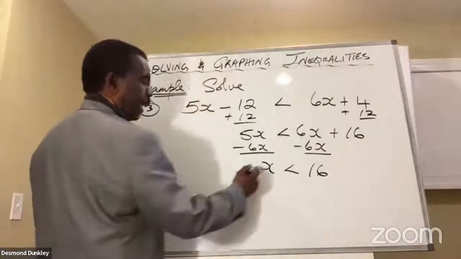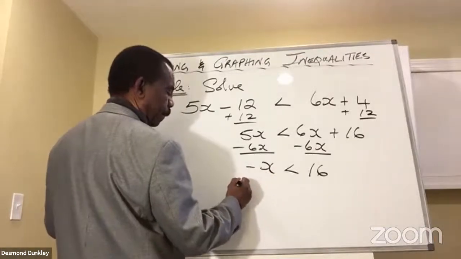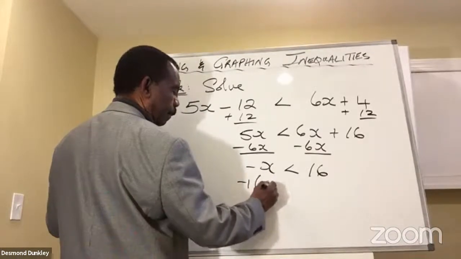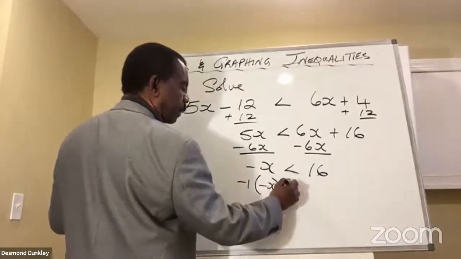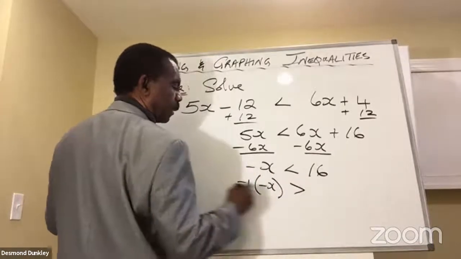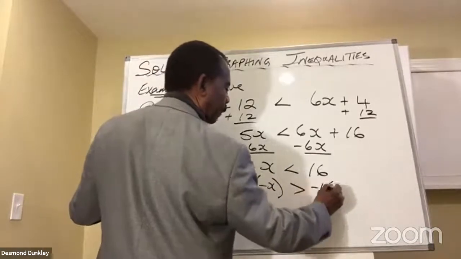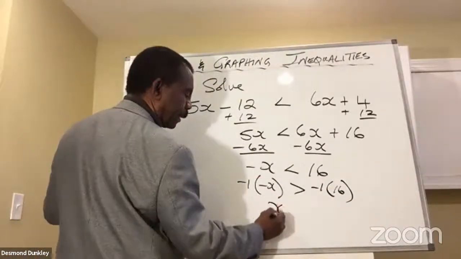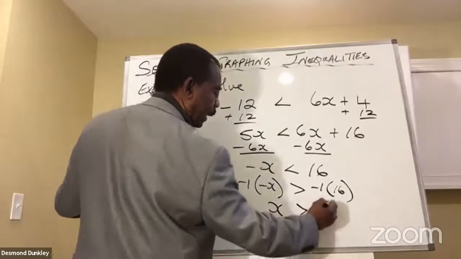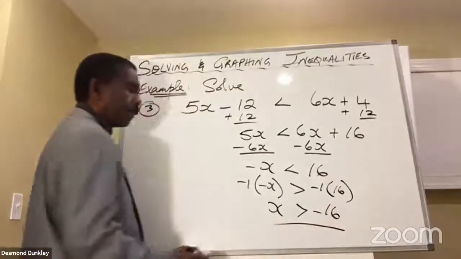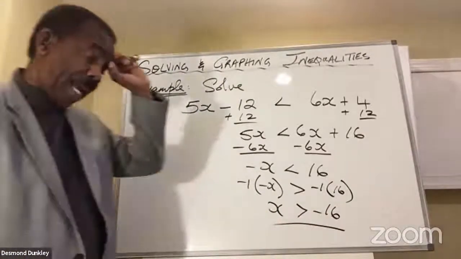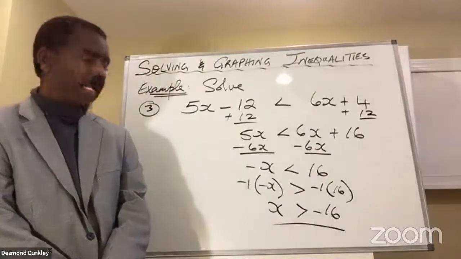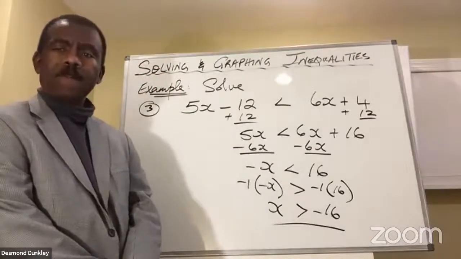So when you multiply by -1, this becomes greater than. It does the opposite. And then you have -1 times 16. So now the answer is x is greater than -16. So that is your final answer, x greater than -16.